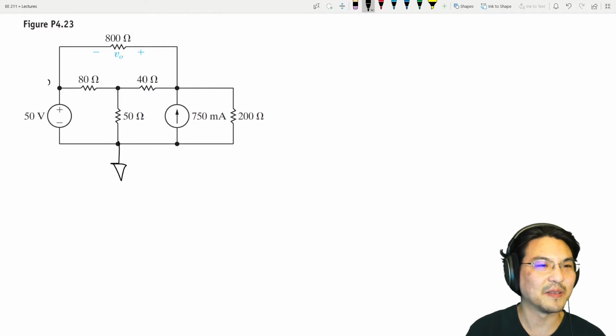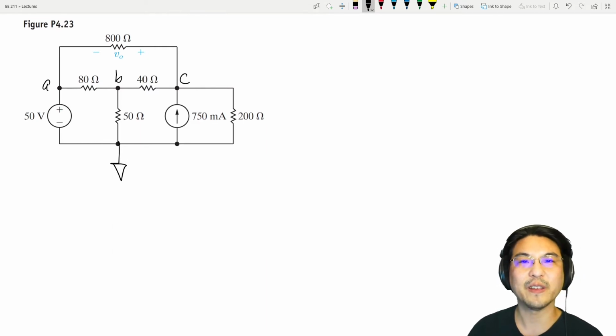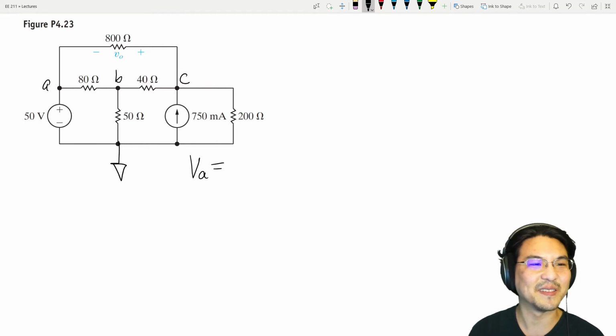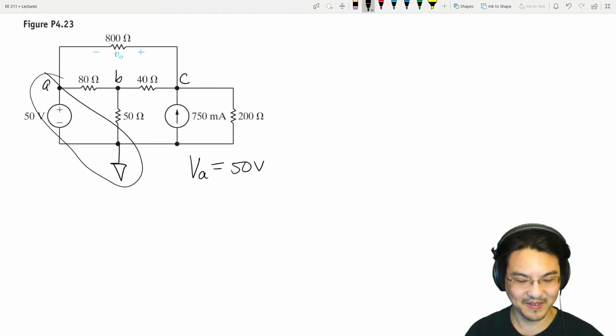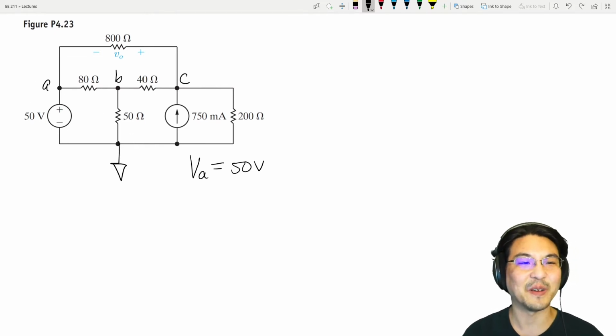Let's say I call this A, B, C. So I have 3 unknown node voltages. Kind of. Actually, node voltage A is 50. Right? So that was easy. So now we actually only have 2 unknown node voltages.